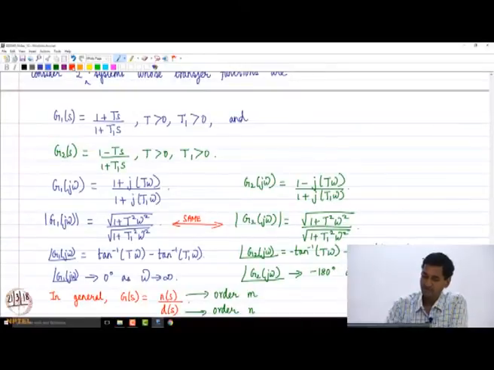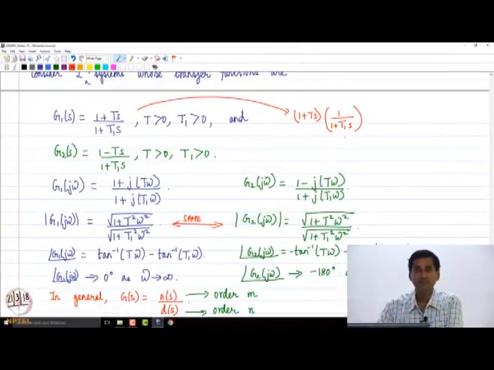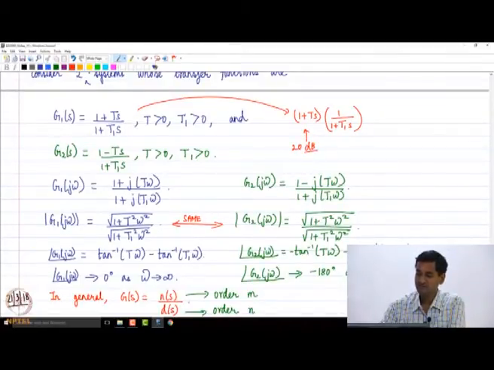So, you have two factors. This I can rewrite as 1 plus Ts times 1 divided by 1 plus T1s, right. We already know from the building blocks that as omega tends to infinity, the slope of 1 plus Ts is going to be 20 decibels per decade.